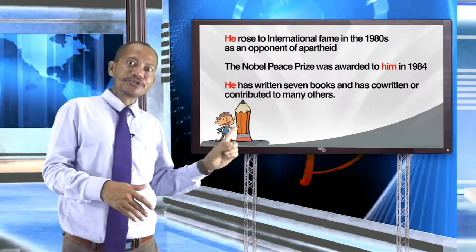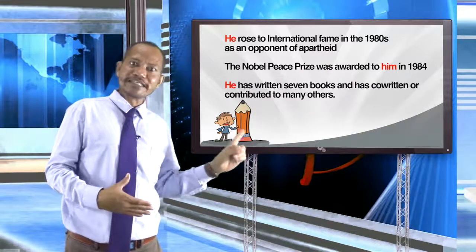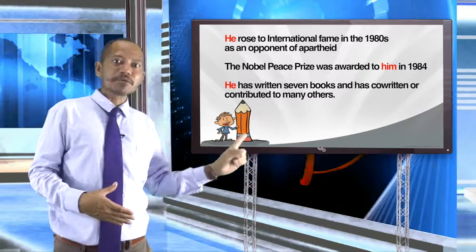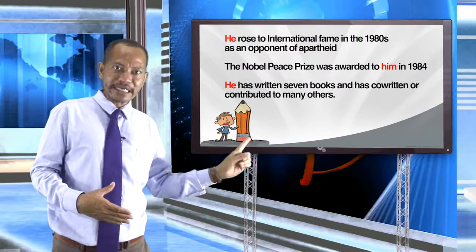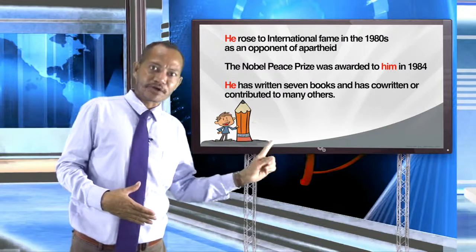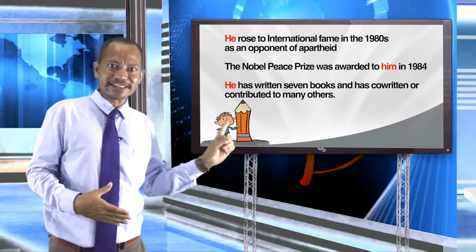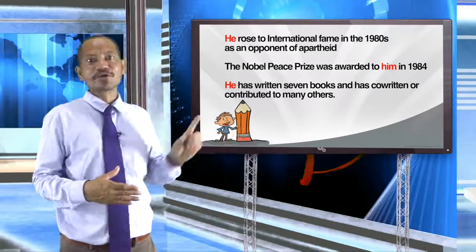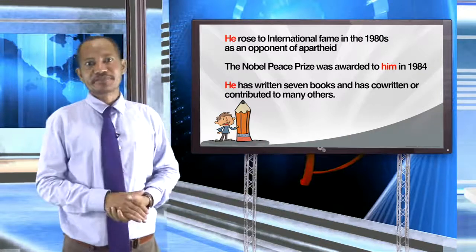He rose to international fame in the 1980s as an opponent of apartheid. The Nobel Peace Prize was awarded to him in 1984. He has written 7 books and has co-written or contributed to many others.